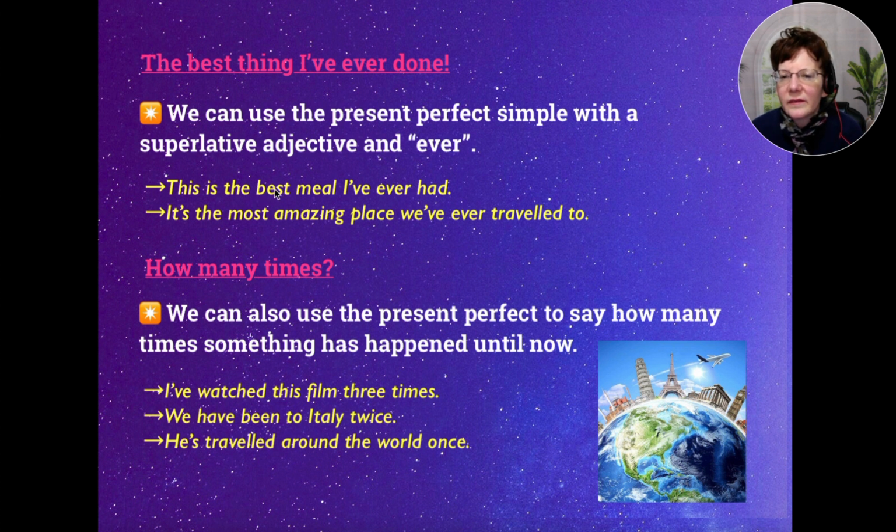We've got good, better, and best. And then this one, it's the most amazing place we've ever traveled to. So, yeah, because this adjective here has two or more syllables, we use most for the superlative.